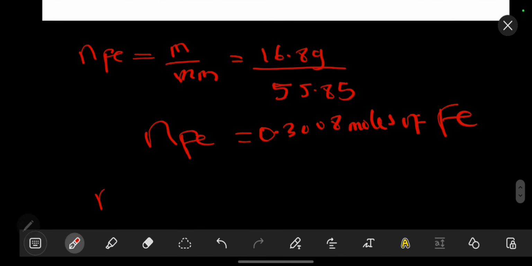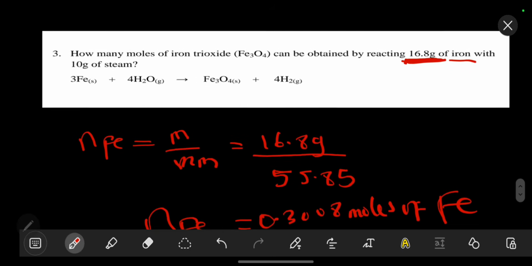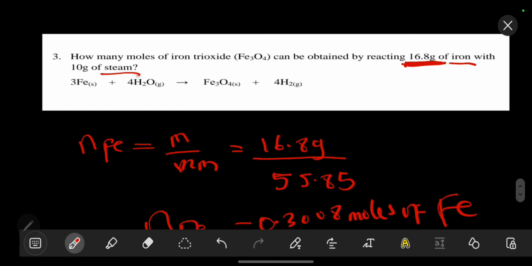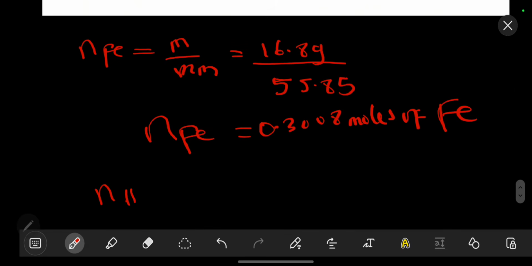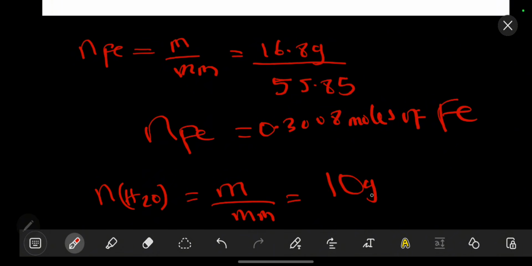Then we are going to find the number of moles of our steam, which is water in gas form. The number of moles of H2O should be equal to the mass over the molar mass. The mass we have been provided with is 10 grams.